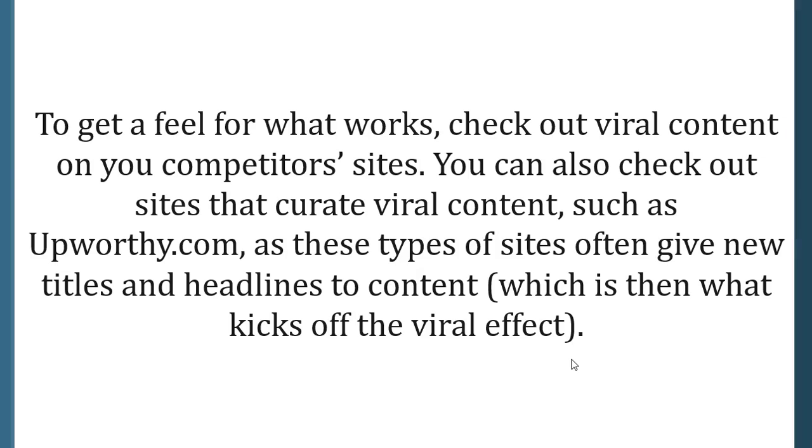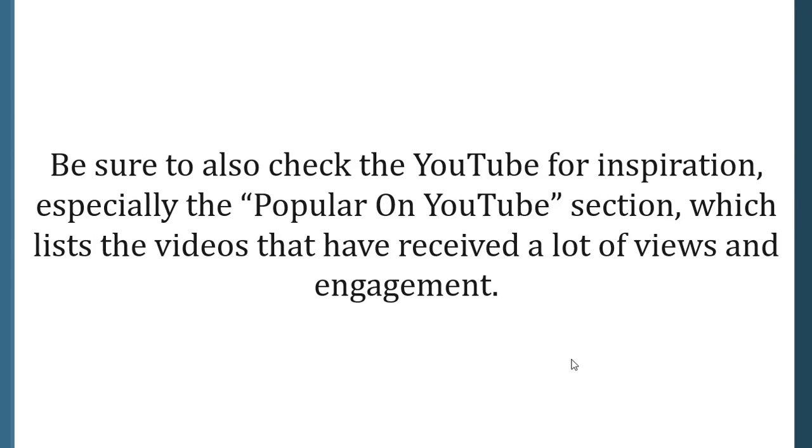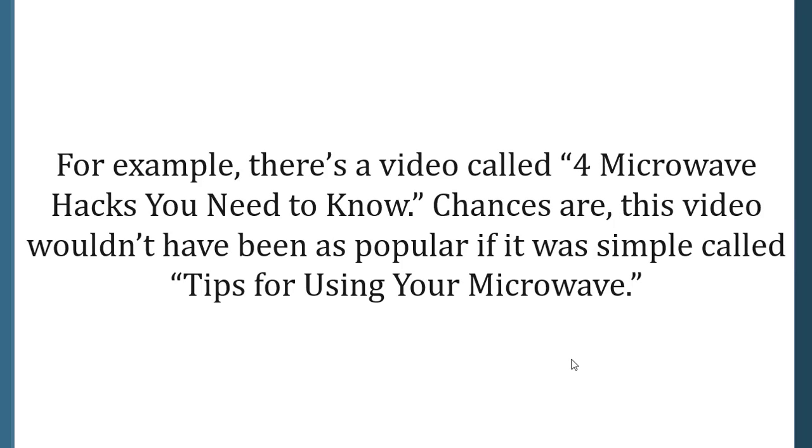You can also check out sites that curate viral content, such as Upworthy.com, as these types of sites often give new titles and headlines to content, which is then what kicks off the viral effect. Be sure to also check YouTube for inspiration, especially the popular on YouTube section, which lists the videos that have received a lot of views and engagement.